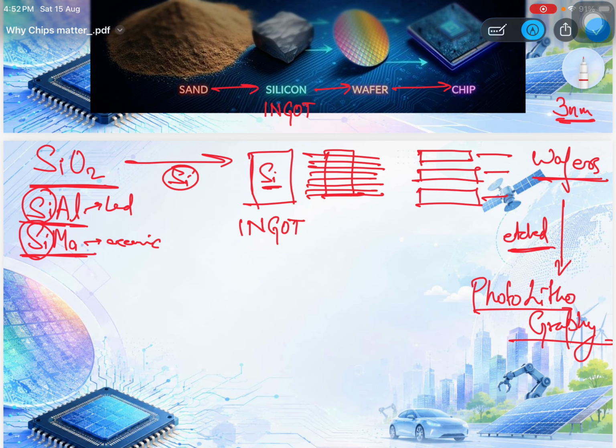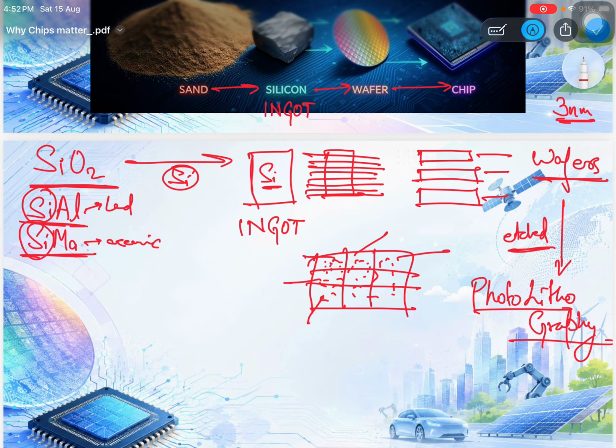Imagine there is a large wafer, and laser light actually imprints a circuitry on this very thin surface, and after that this is again sliced into chips. We get individual chips from here, okay, what we call the semiconductor chip. So this is how we get a chip right from the sand.